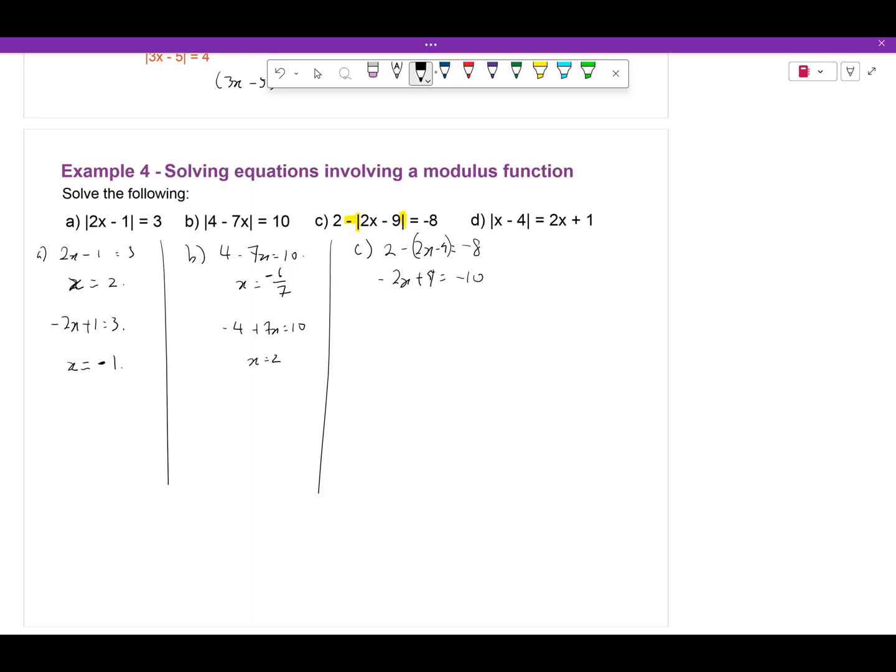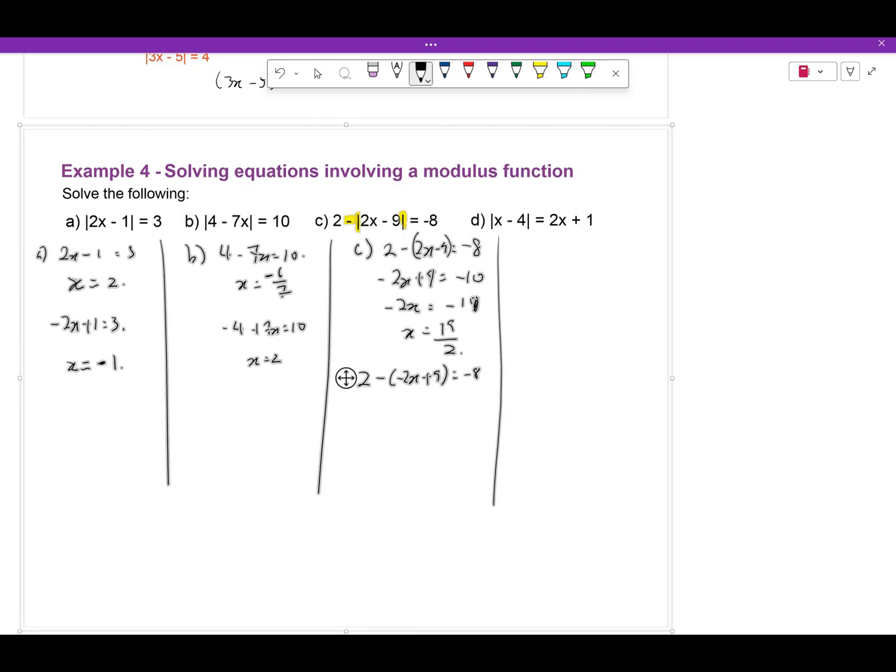That results in negative 2x equals negative 10 or 19, and therefore x equals 19 over 2. Yep, correct. Now, the other one, negative bracket negative 2x plus 9 equals negative 8. So that results in negative 2x plus 9 equals 10, x equals negative 1 over 2. That's it.